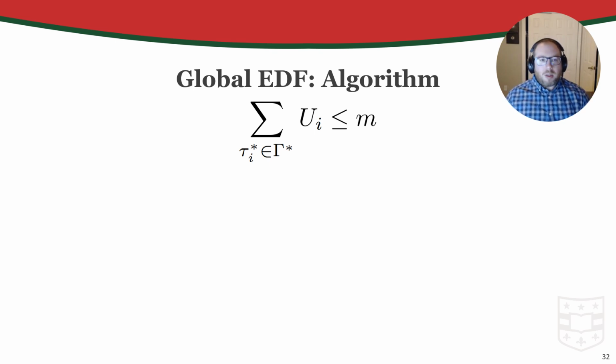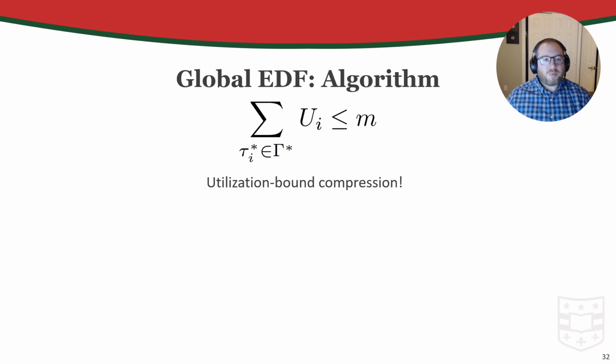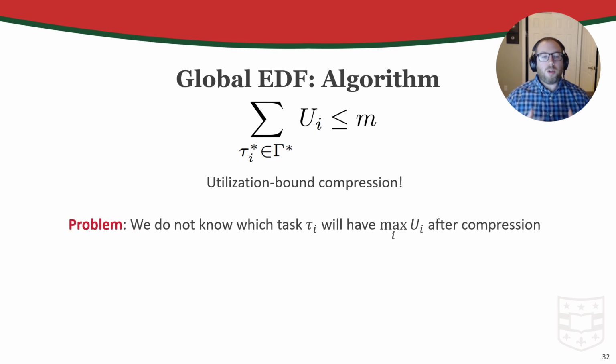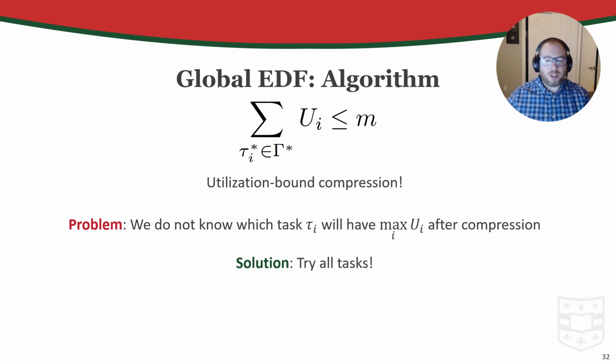Now, the challenge here, the problem, is that we don't know which task will have the maximum utilization after compression. So our solution is to just run the algorithm, trying all of the tasks. And whichever selection of task for tau sub j gives us the smallest compression, while still keeping tau sub j as the maximum utilization after compression, is the result that we keep.